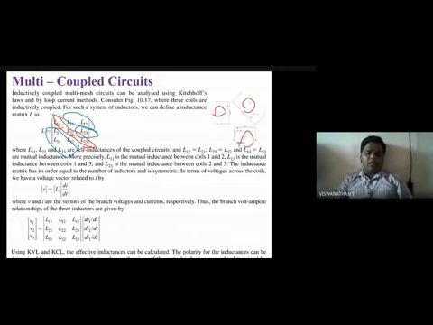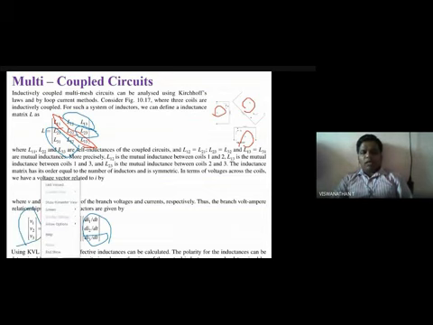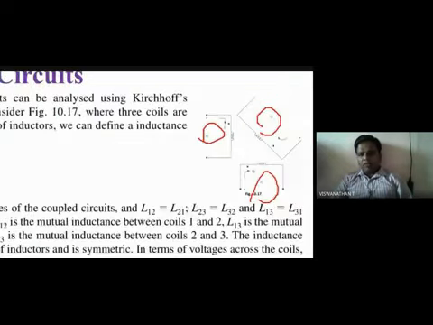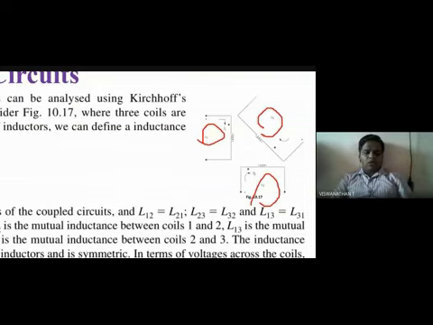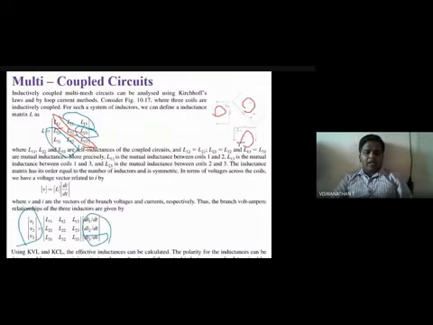By using Cramer's rule, we can easily calculate dI by dt, the change in current. We know V1, V2, V3 because they are supply voltages, which we already know. So by applying KCL and KVL, we can calculate this mutual inductance value.